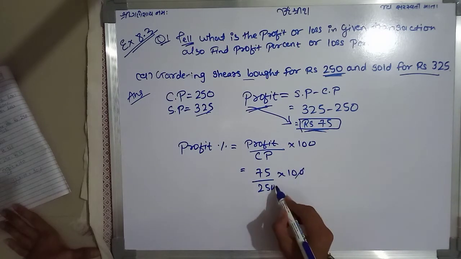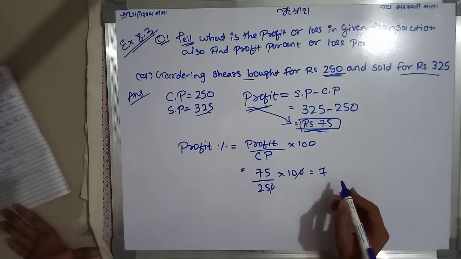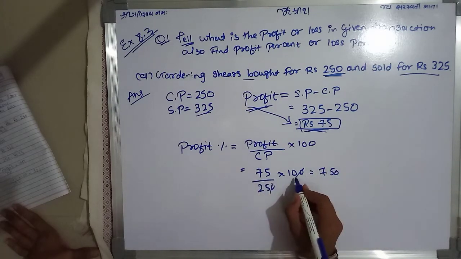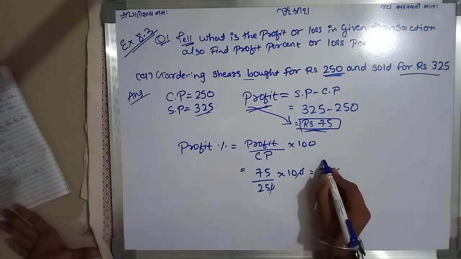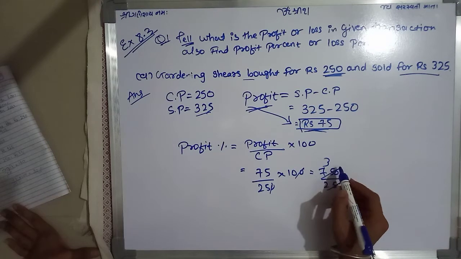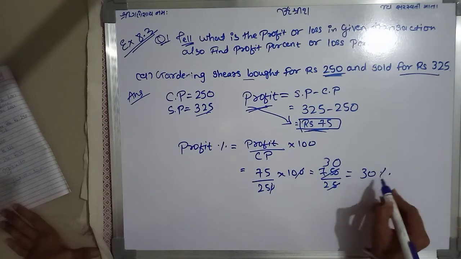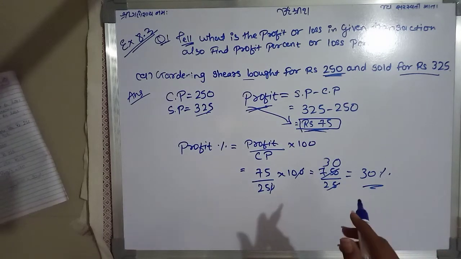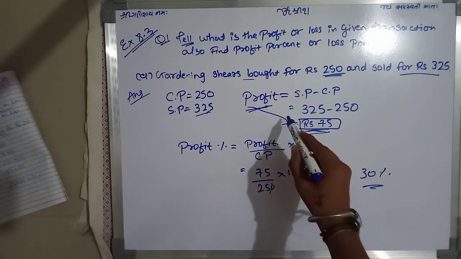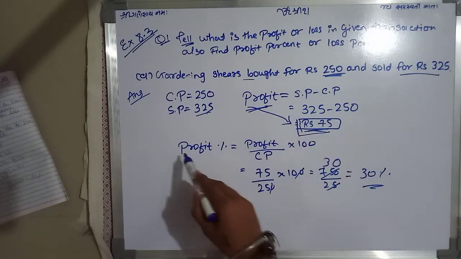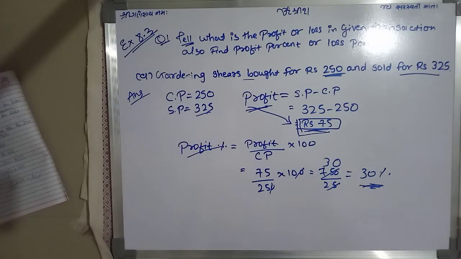So 0 cancels. 75 into 10 is 750, divided by 25. 3 twenty-fives are 75, this 0 will come up, so 30. So the answer is 30%. So we make a profit of rupees 75, and the profit percentage is 30%. Okay, understand?